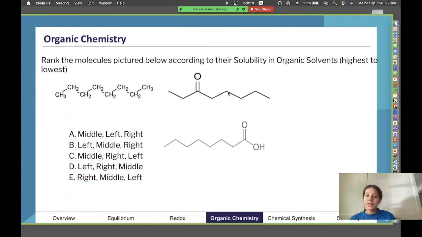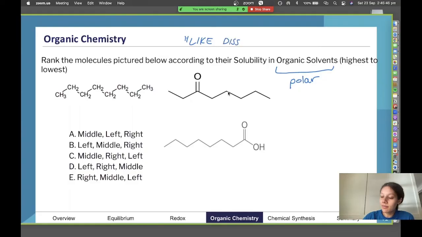All right, now the same molecules, but we're going to rank them according to their solubility now. We're going to go from highest solubility to lowest solubility. So again, consider the factors we were discussing before, but for solubility, the kind of phrase I like to stick with is like dissolves like.